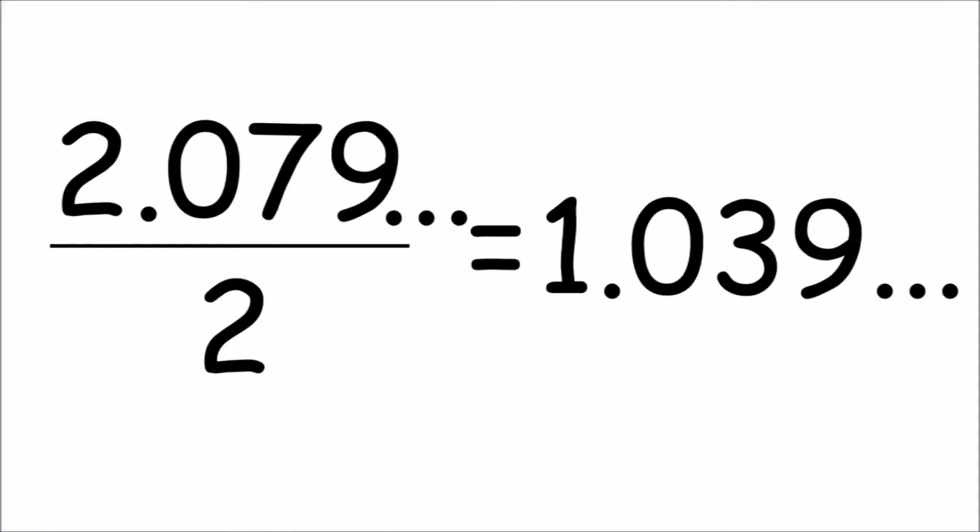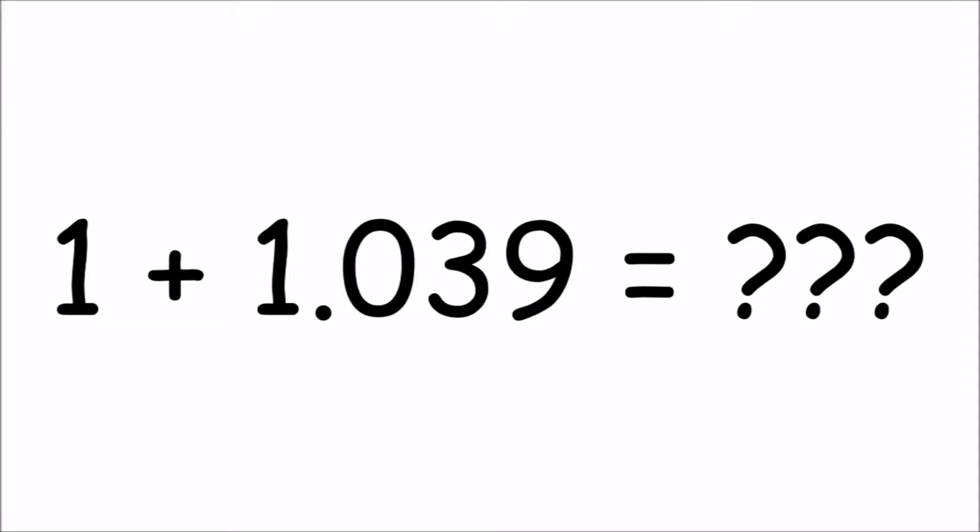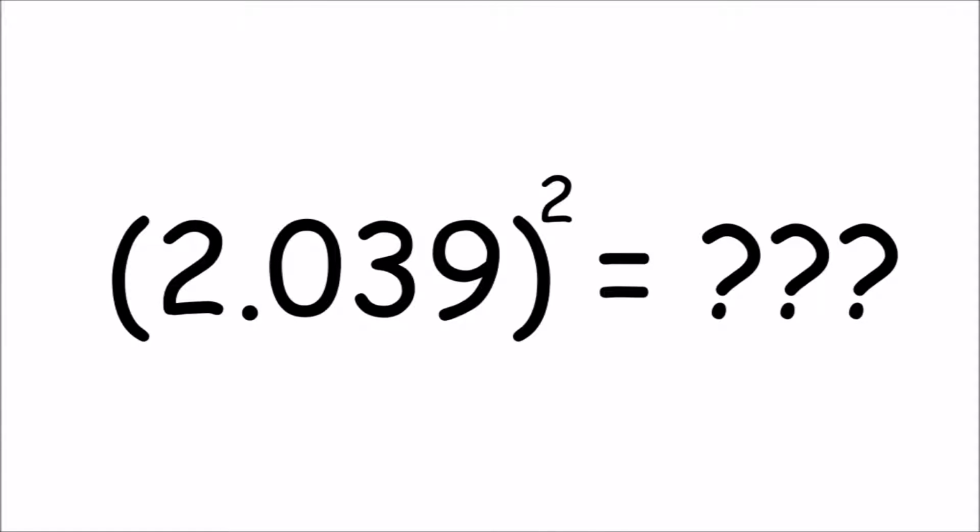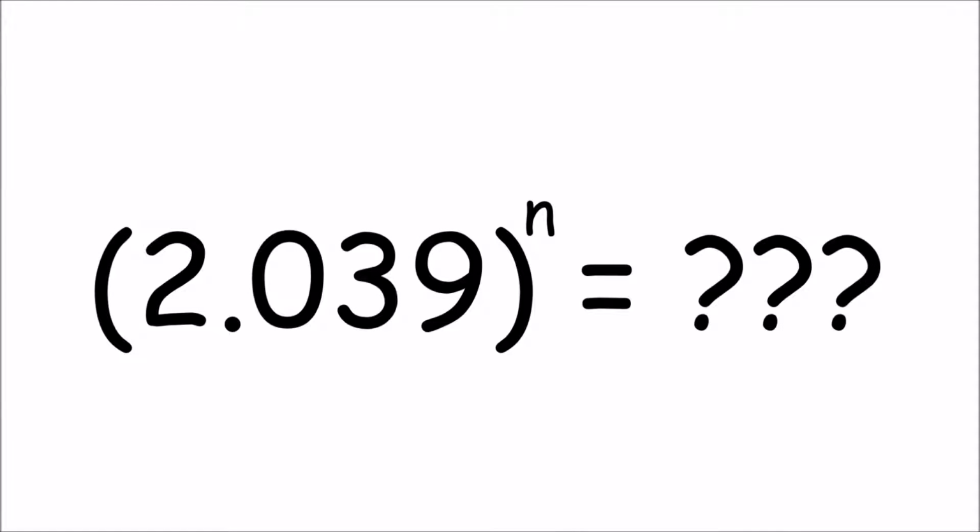2.079 divided by 2 is 1.039 and so on. 1 plus 1.039 is 2.039. Raise this thing to the 2nd power, and we have our 2nd iteration. Okay, so how do we raise something to a power?